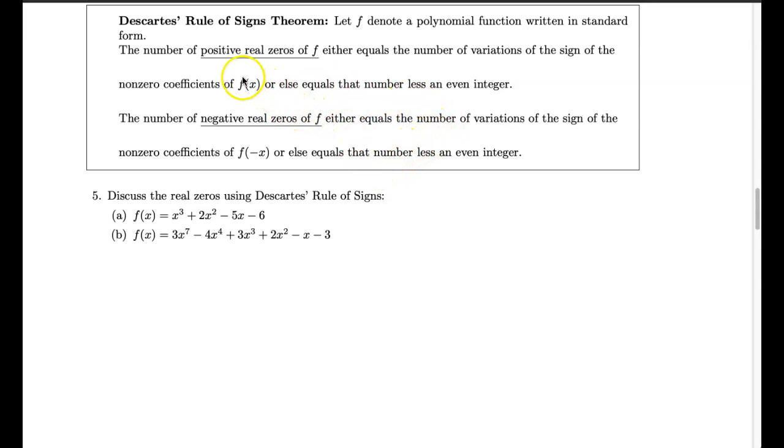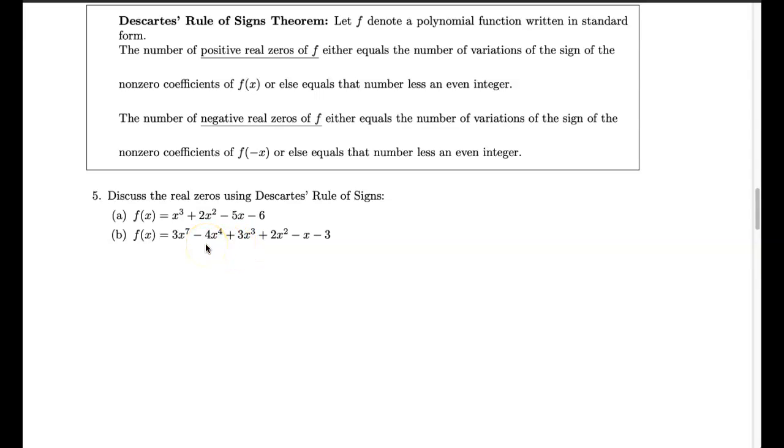So what's happening is the number of positive real zeros of f either equals the number of variations of the sign of the non-zero coefficients, meaning just count when it changes from positive to negative or from negative to positive.